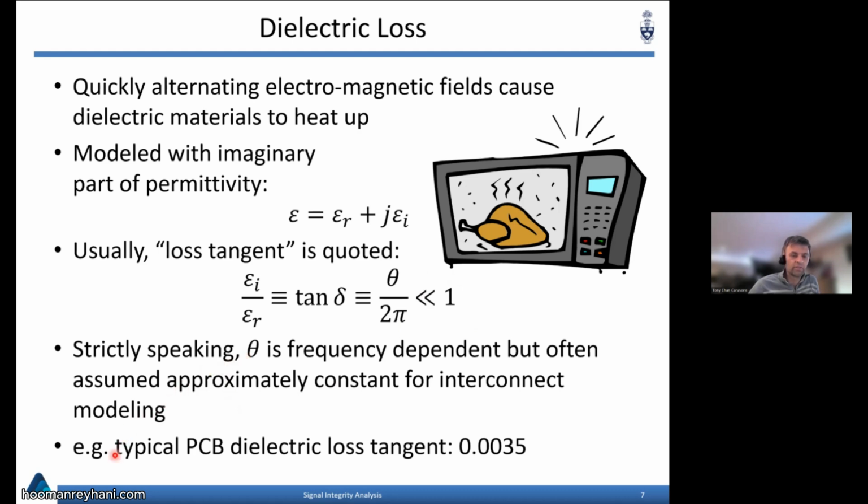So just to give you a feel for a typical PCB dielectric, the loss tangent might be on the order of 0.0035. This number can change though, certainly for the boards used to carry very high speed connectivity. You may use a low loss material that has a slightly different real part of the dielectric constant as well, but the loss tangent may be significantly lower than this, specifically to improve the high frequency performance.